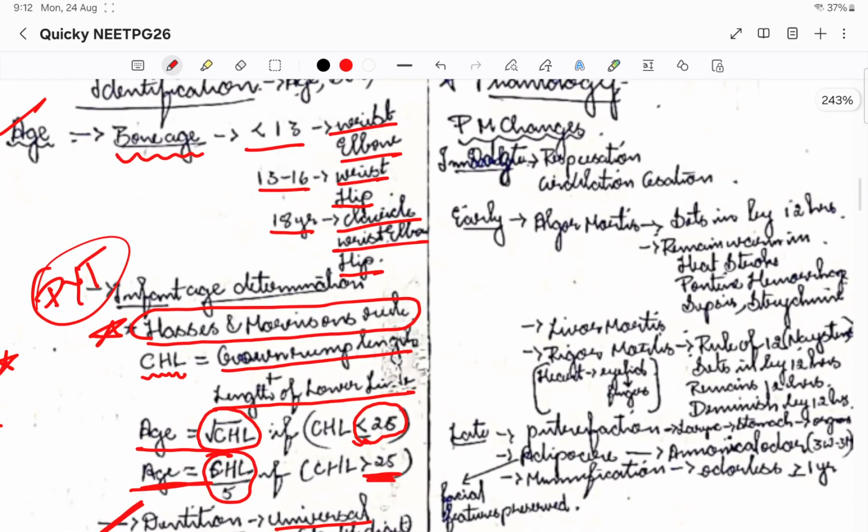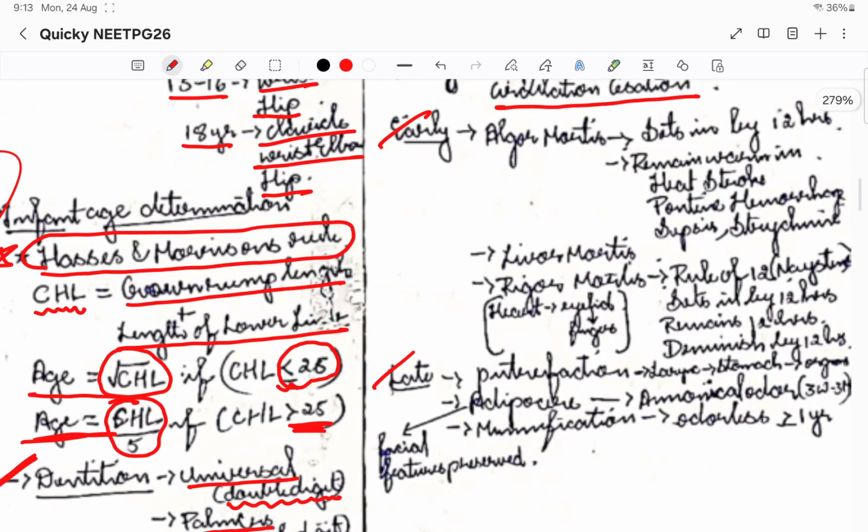Post-mortem changes can be classified as immediate, early and late changes, where immediate changes are respiration and circulatory cessation. Immediately the blood flow will cease because the heart has stopped. So this is the immediate postmortem change that we can see.